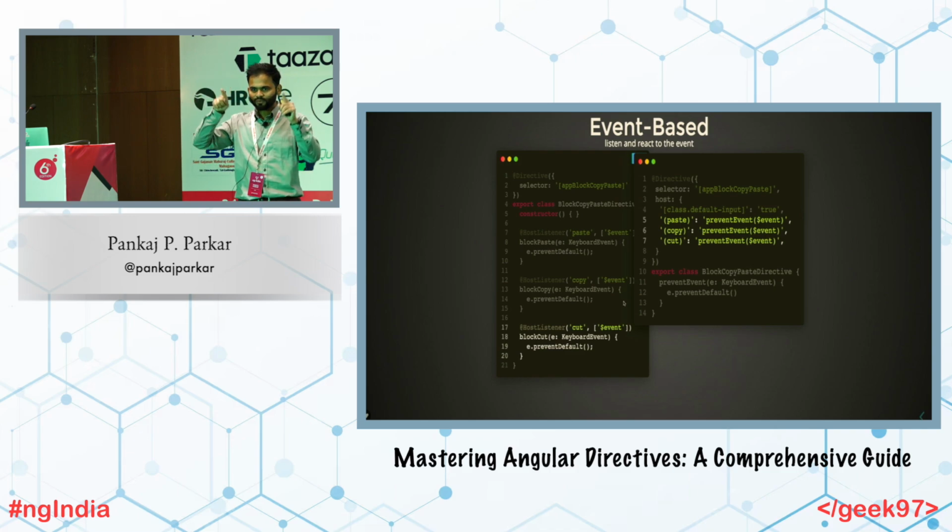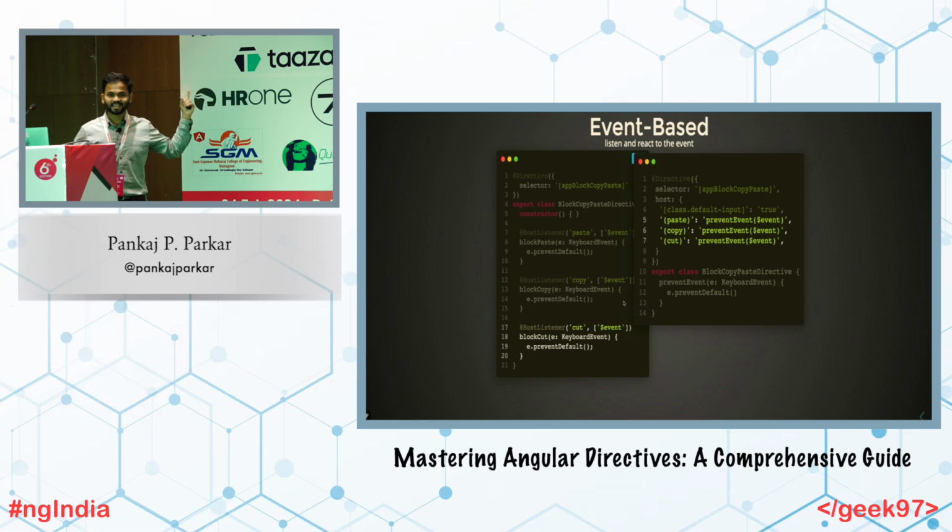Event binding with parenthesis, square brackets for property binding, right? So over here you did the same thing. You wrote the event in parenthesis directly, and you just wrote the function you want to call. And for demonstration purposes, I added one more attribute, a property binding, which is class, you can use. Okay, so this is the one property for event based directive. You can use the host property of the directive.